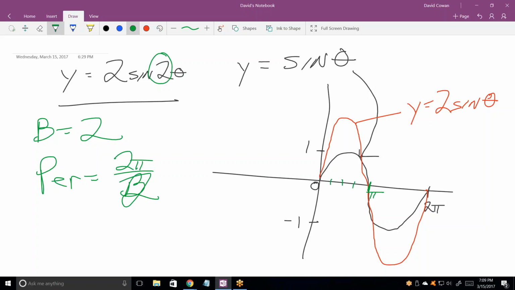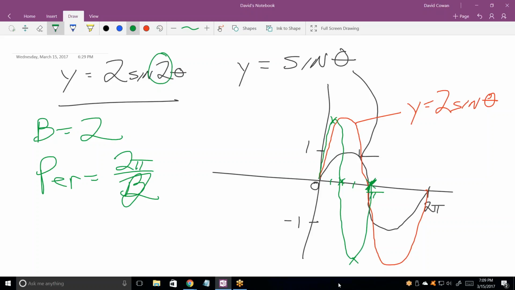I have to go up and hit my 2 there. I come back down through the x-axis at my second quarter point. My third quarter point, I'm down here at -2. And my fourth quarter point, I come up to the end. Now all I do is draw a sine curve that goes through those x's.